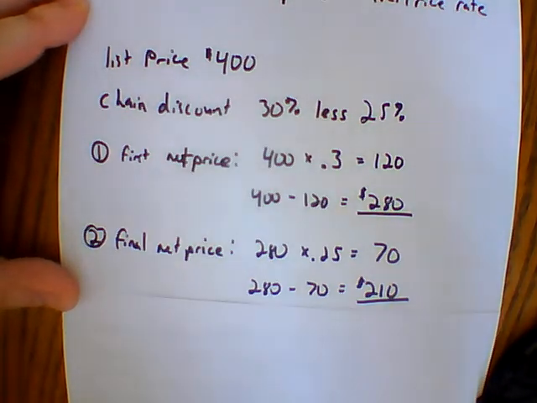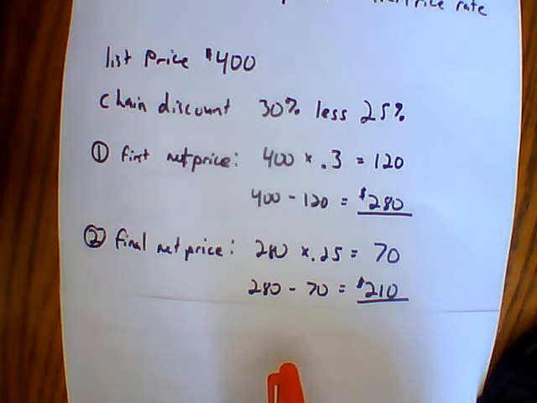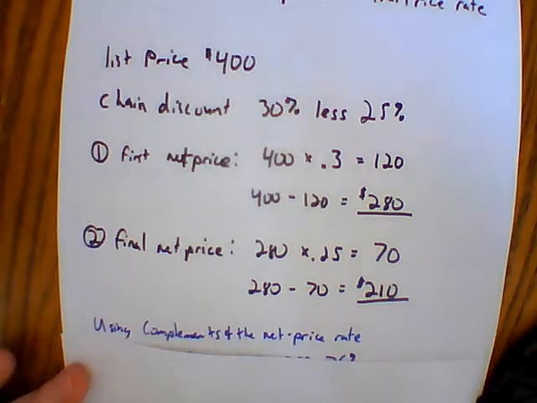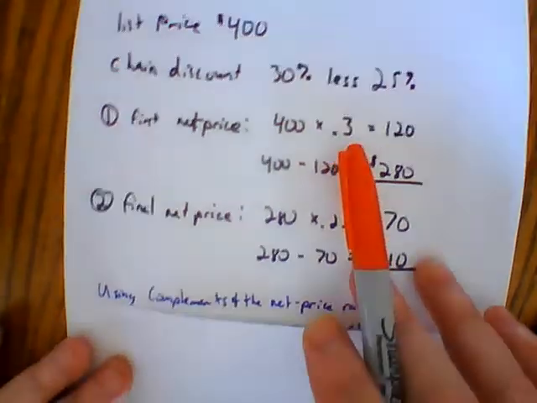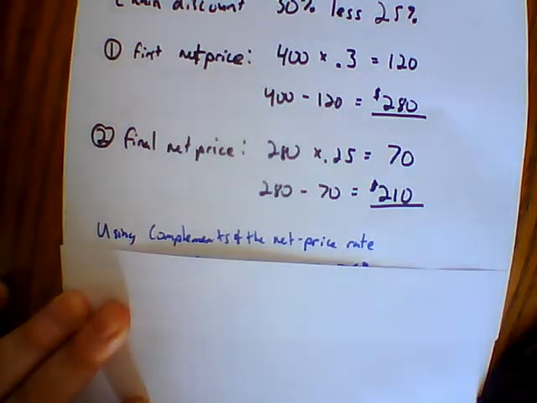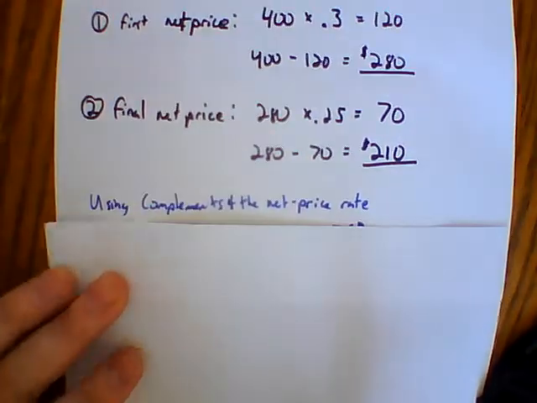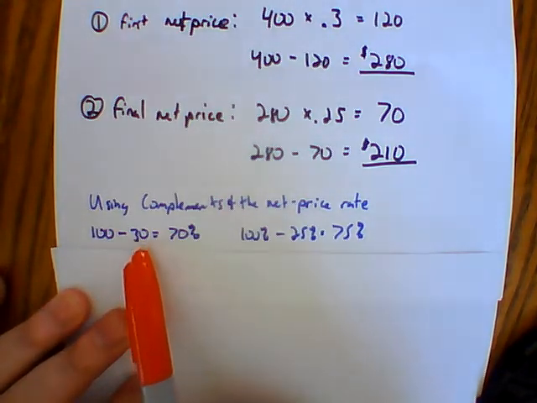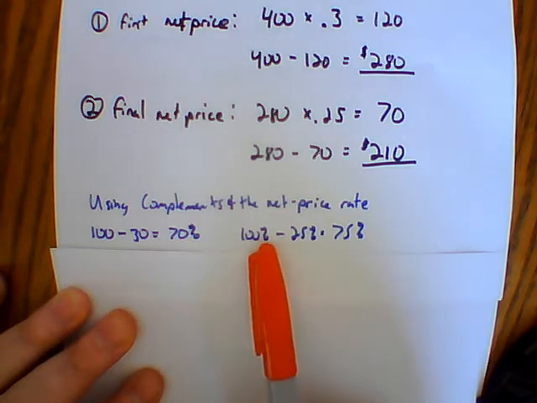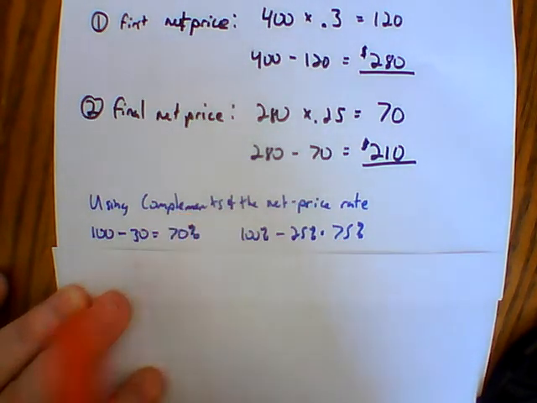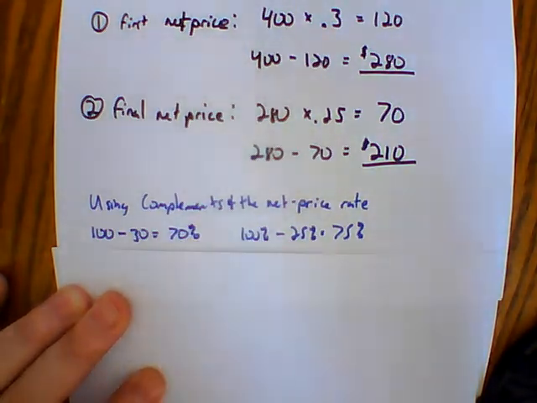Now, if we wanted to use the complements, we would first find our complement rates. The complement of 30% is 70%, and the complement of 25% is 75%. Remember, the complement is what we'll be paying versus what we're being discounted.